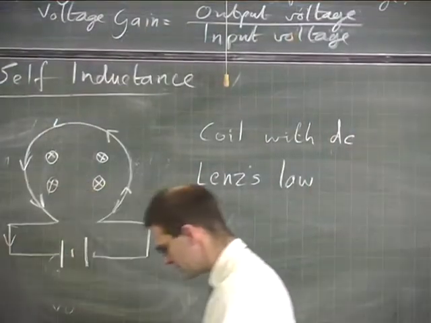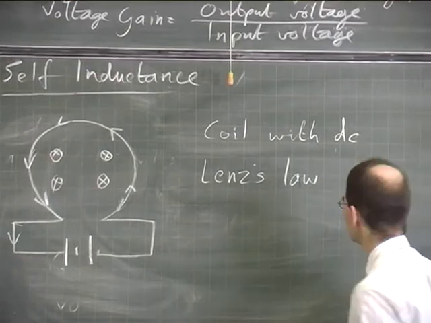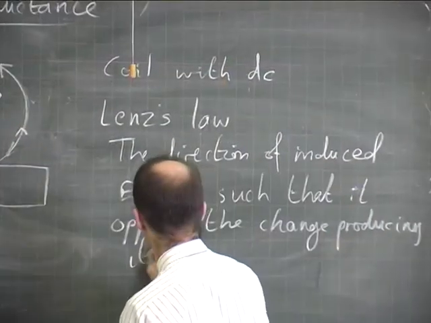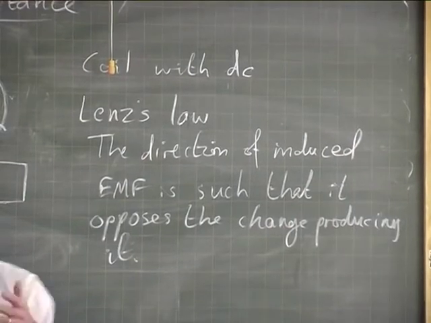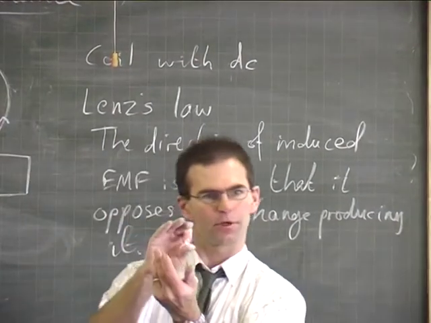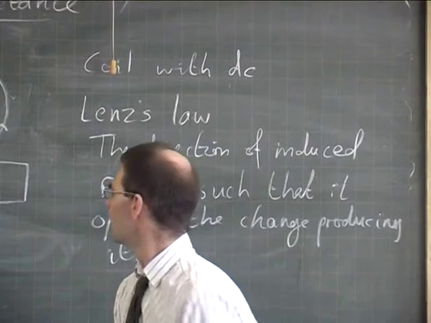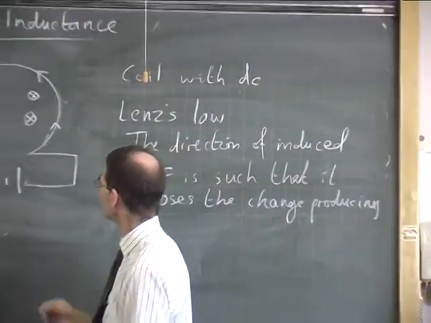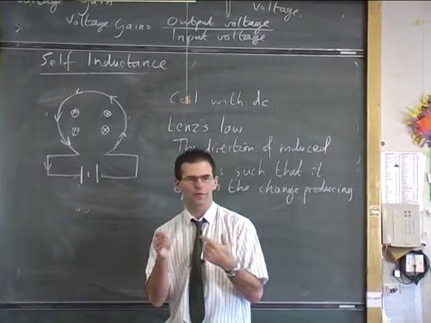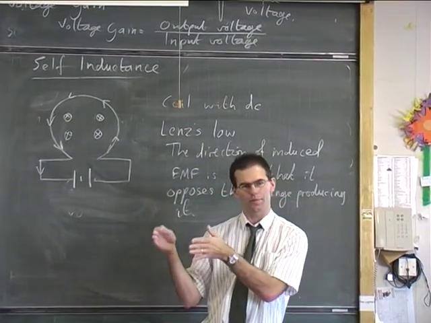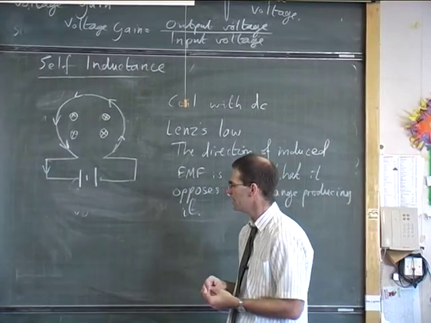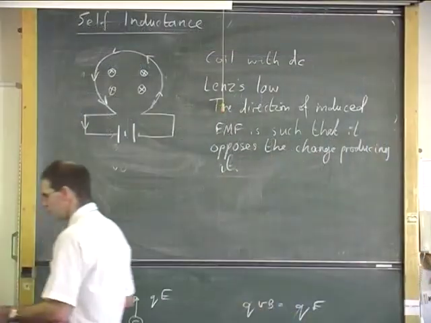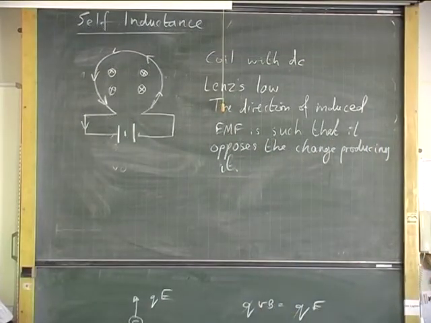So the direction of an induced EMF is such that it opposes the change producing it. It's a bit like this coil of wire has its own internal battery that suddenly sets up in opposition to the applied EMF. The value of that internal or back EMF is actually equal and opposite to the EMF which has been externally applied.